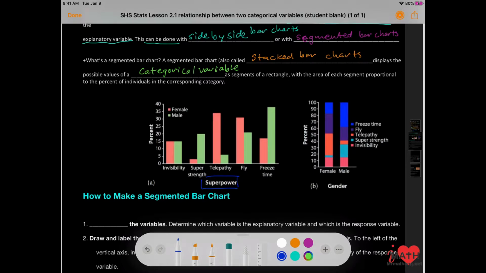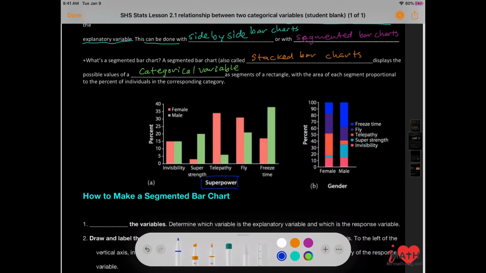And maybe they send out a survey asking which superpower would you like, and maybe you can only pick 2 or 3, and these are the responses. Now, it's kind of hard sometimes to compare those. You can compare them side by side, that is helpful: invisibility, super strength, telepathy, flying, or freeze time.